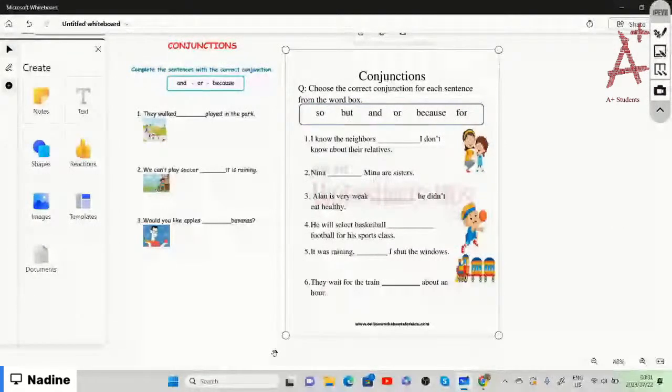It is so, but, and, or, because, and for. So we need to choose one of those words and put it in its correct place within the sentences. We need to choose the correct conjunction for each sentence from the box.